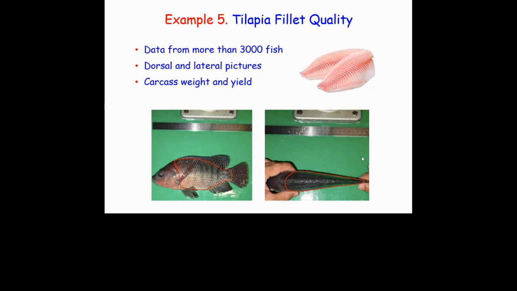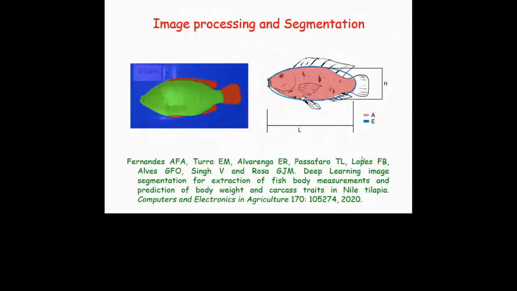So we had this trial with 3,000 fish with pictures, and they were harvested, so we have carcass weight and yield in each fish. So we developed a deep learning approach. The trick was to get the whole body separate from the tail and fins. This is the publication where you can get more details, but again, it was very successful.